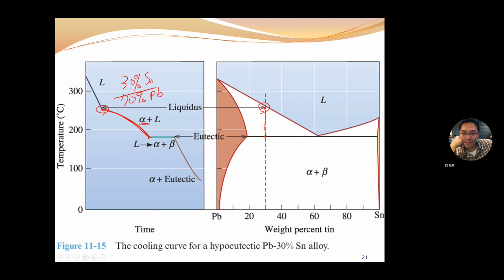Okay. And when the temperature keeps cooling below this temperature, it is called the eutectic temperature. Below this point, say here, it is completely solid. Okay, it's completely solid.